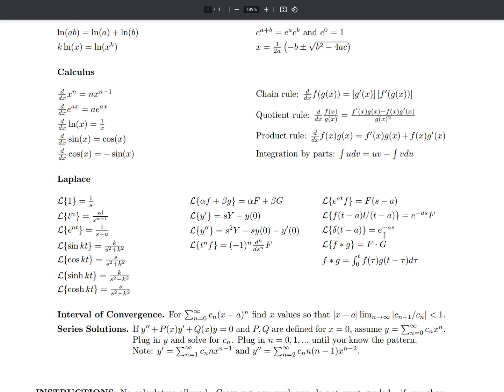And convolution is this property right here that L of f star g is F times G, where f star g is that weird integral called convolution. And I'm just copying it down to my tablet.